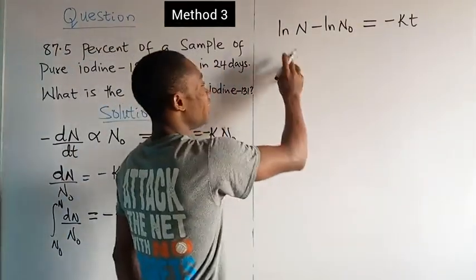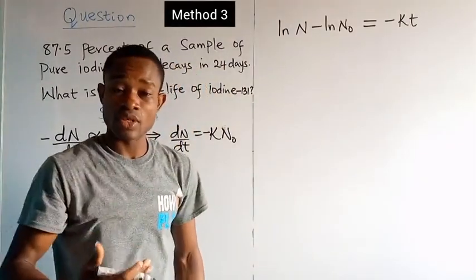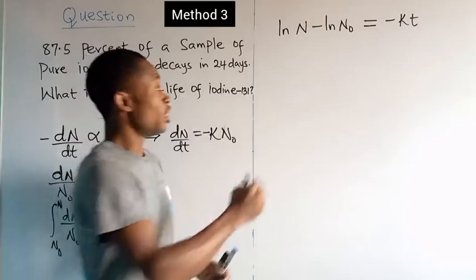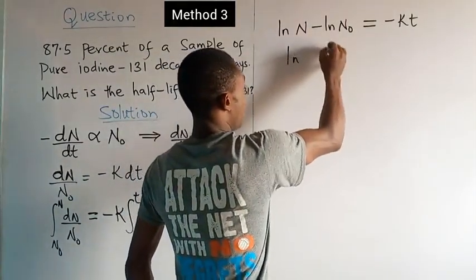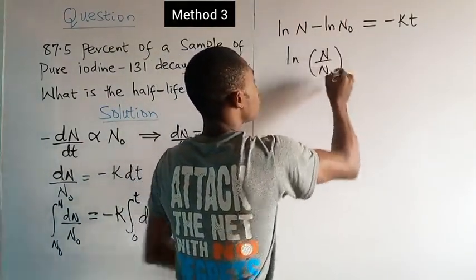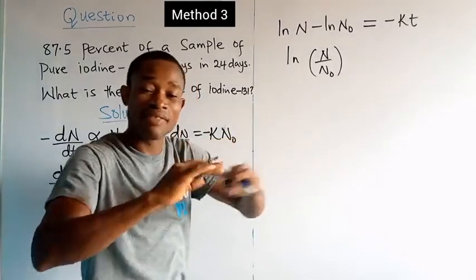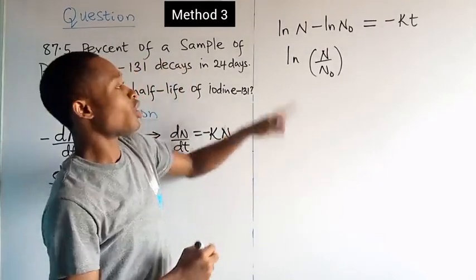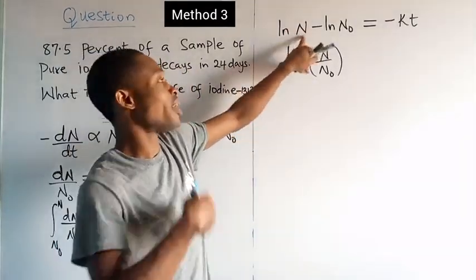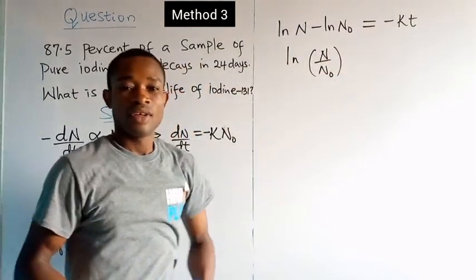So we move on. Ln is logarithm to this e, so the property of logarithm applies to it also. So this is going to be ln n over n naught. Take note, if you have log of a number minus log of another number and they have the same base, you pick one of the logs and it's going to be the first number divided by the second number.